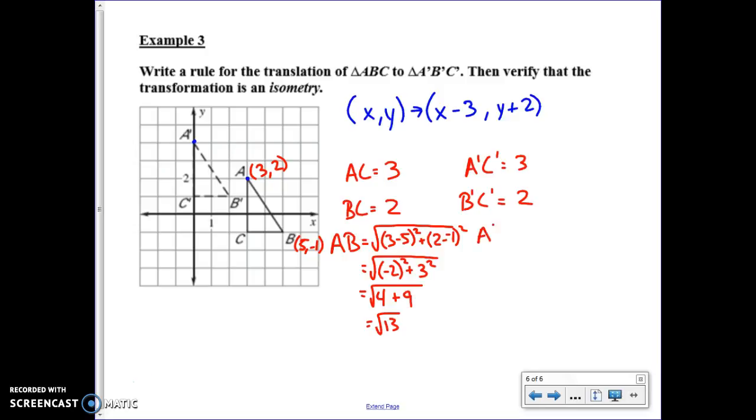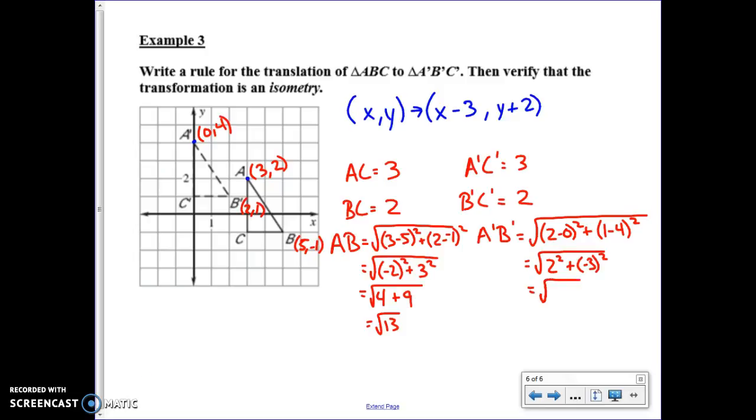Now let's check A prime, B prime. I need to find those points now. A prime is at 0, 4, and B prime is at 2, 1. So I'm going to subtract the x values, so 2 minus 0, quantity squared, and then 1 minus 4, quantity squared. 2 minus 0 is 2 squared, and 1 minus 4 is negative 3 squared.